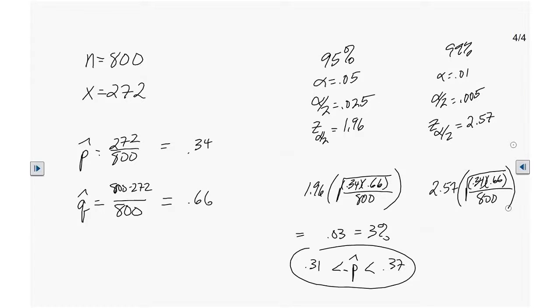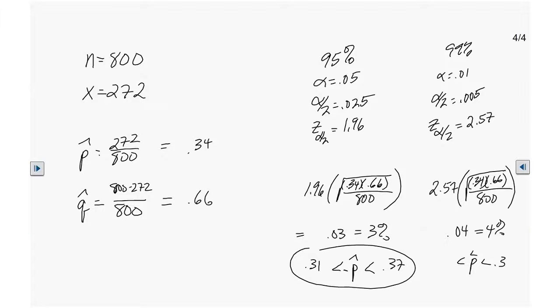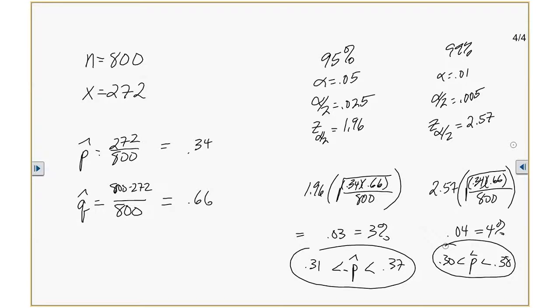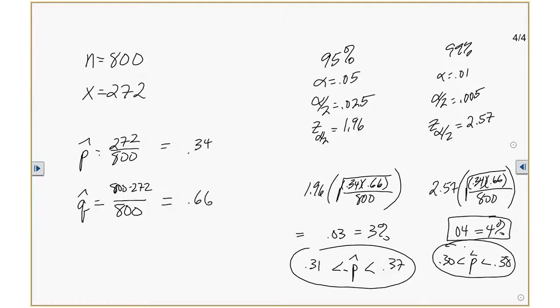What does that come out to be? 0.04, 4%, so p-hat is going to be 0.38 and 0.30. Why would this go up? Because the confidence level is higher. That means you're going to open up the margin of error.